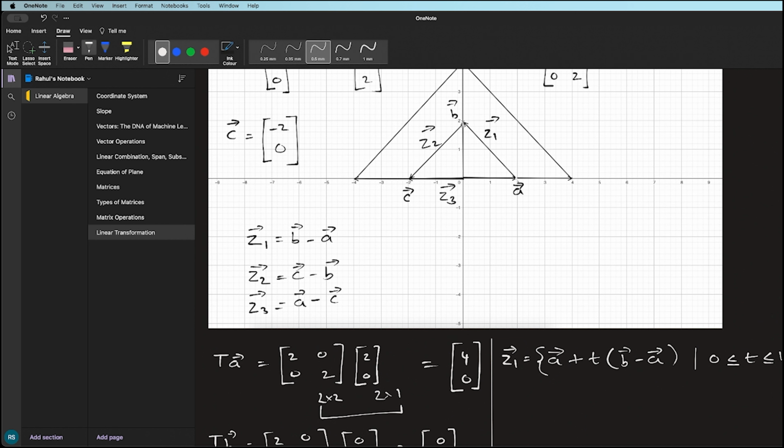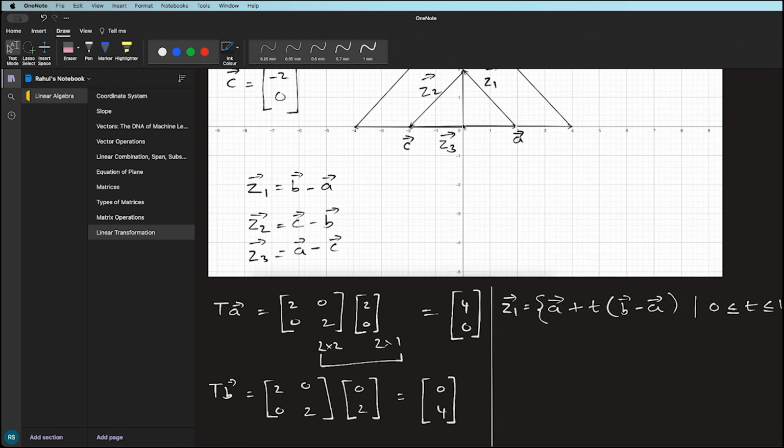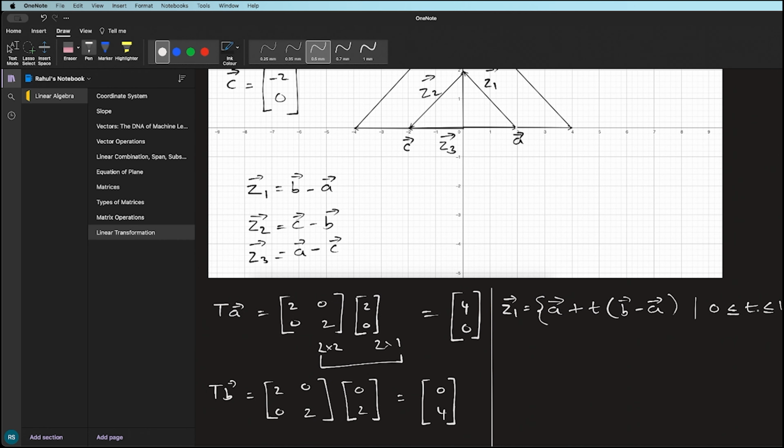So it is this point, the tip of this vector z1. If I put values of t lying between 0 to 1, I can get the points on this vector z1.